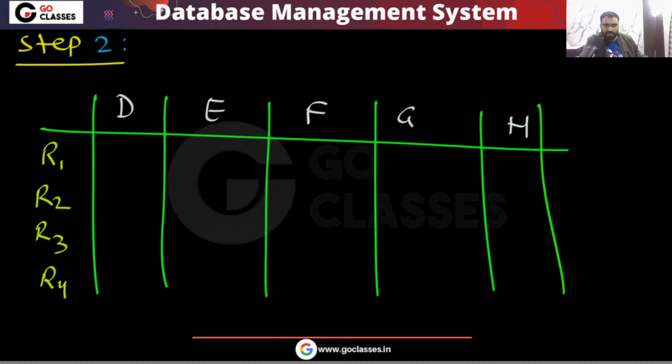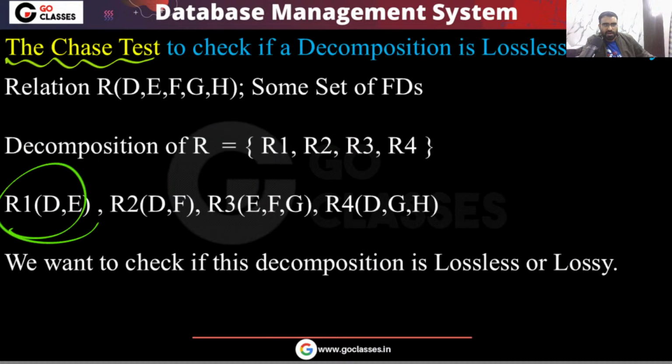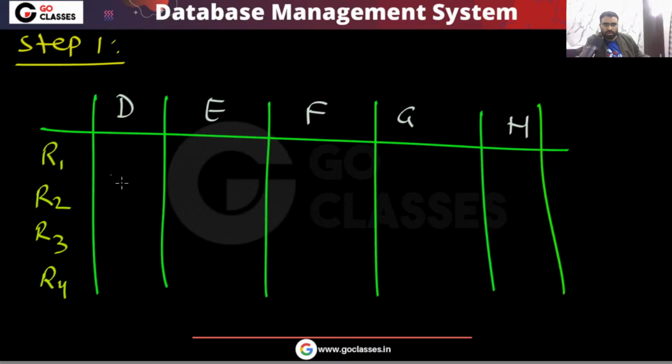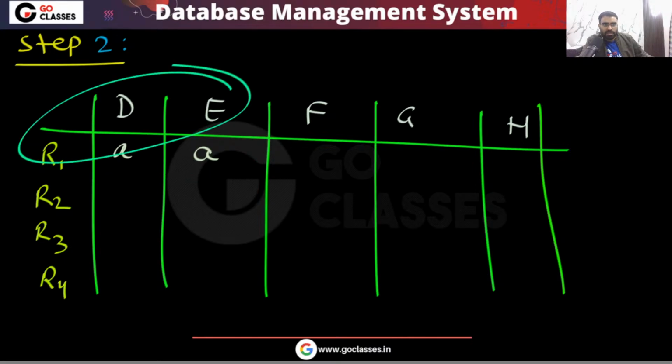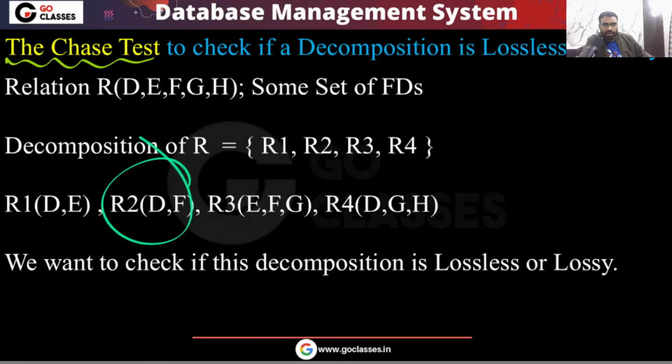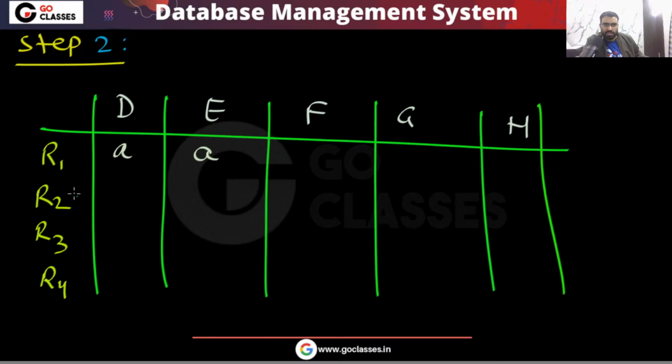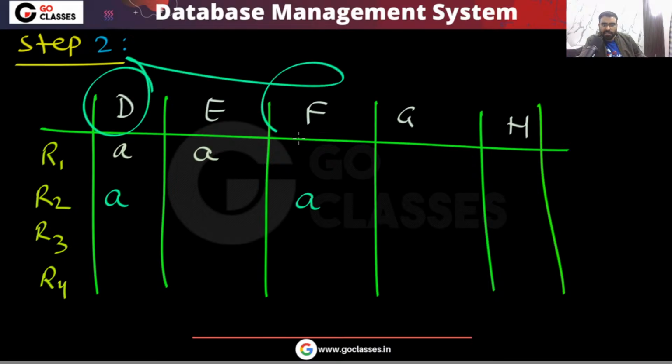The attributes of R1 are DE, so here I will put entry A, and here also entry A, because the attributes of R1 are DE. Next, R2 has attributes DF, so we will put entry A under D and F because these are the attributes of R2.